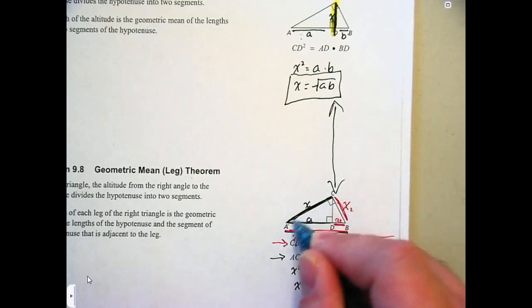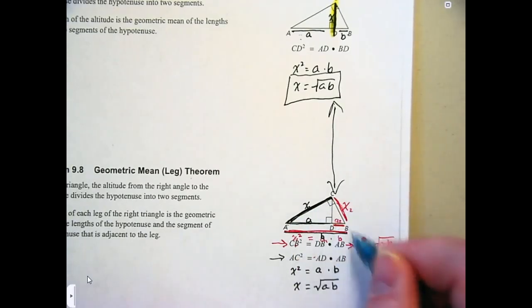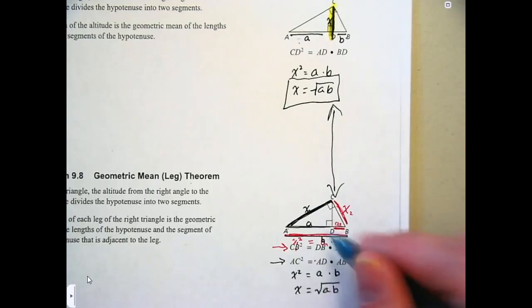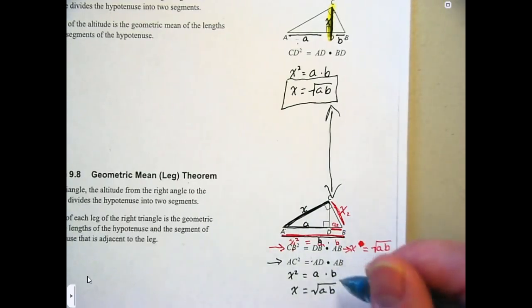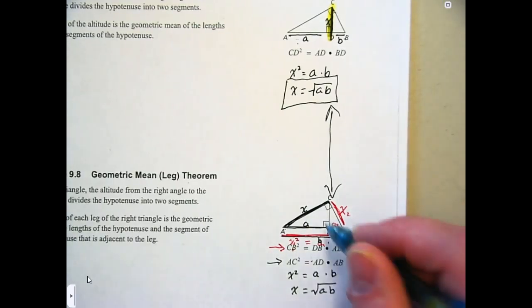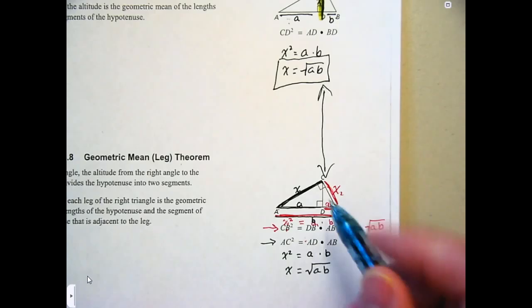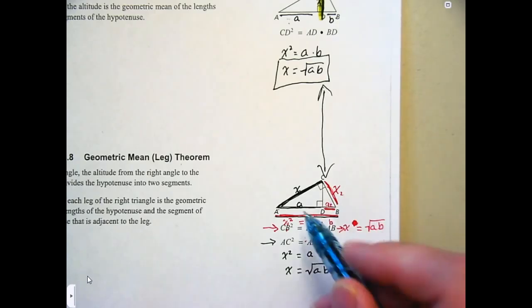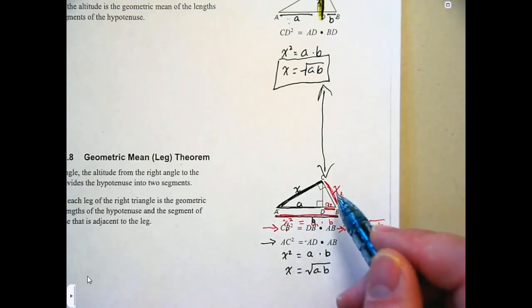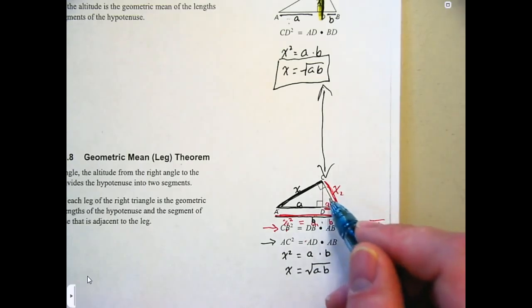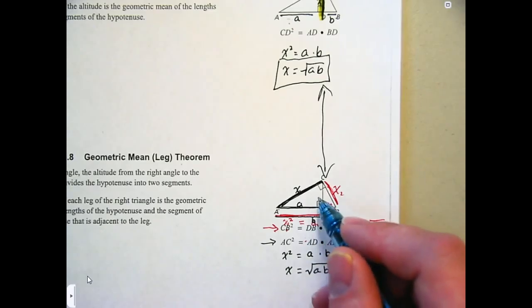All right. How about you guys do this? Focus in on the legs. In this right triangle, there are two legs. One is longer than the other. Now, try to relate that to this formula. KJ? Good.